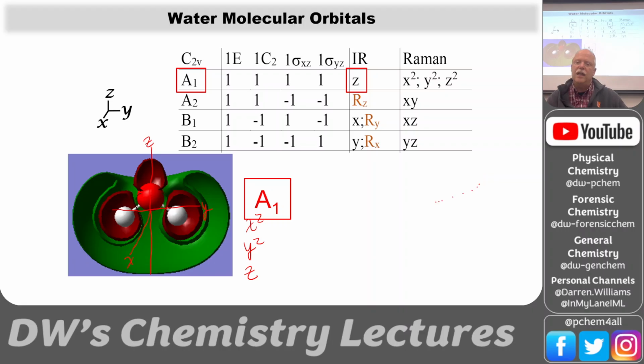And that would make sense, again, if we were building this molecule from its molecular orbitals, this would be the A1 combination of the hydrogen atoms, and this would be the pz orbital on oxygen. And I'm just going to color these hydrogens red.